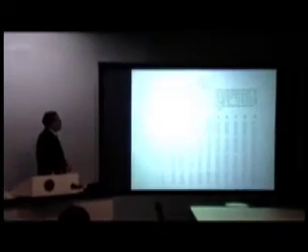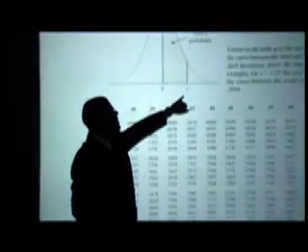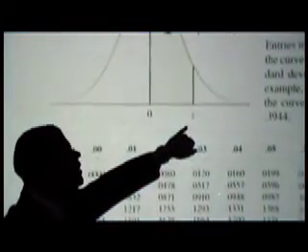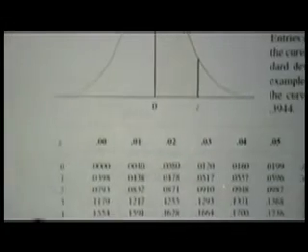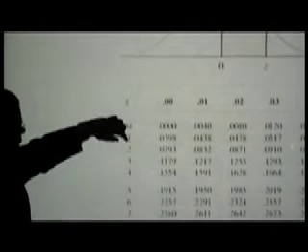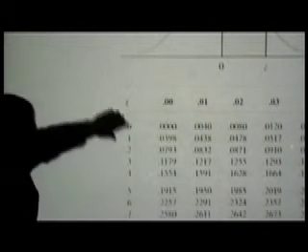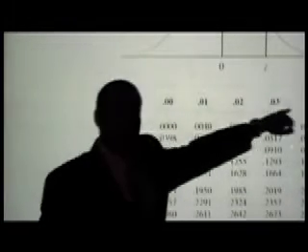The traditional style table gives you the area between 0 and Z under the curve. So if we look up 0.83, and by the way, the first digit and the first decimal is in the left-hand column here. The second decimal is represented by the topmost row.